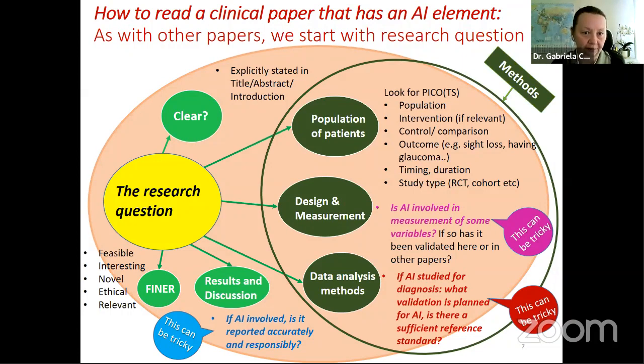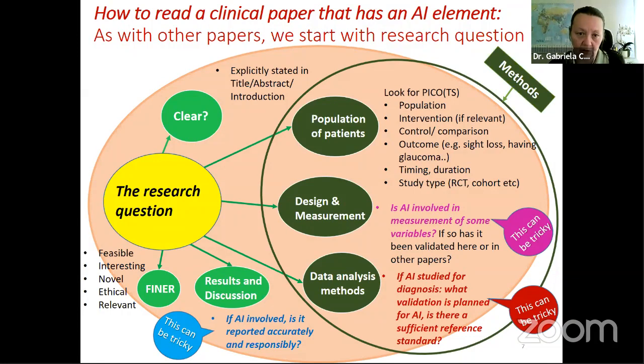Okay. So once you understand the research question, then you need to understand what the population of patients is that the paper is talking about, what design they are using, is it a prospective or retrospective study, how they measure the variables, and what data analysis methods they are using.